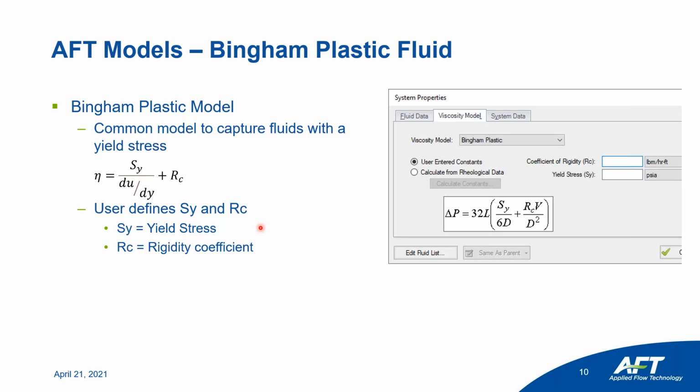Sometimes yield stress is written as tau y or tau 0, just indicating it's that yield stress. RC could be written as mu infinity, or denoted as the plastic viscosity. But really it's just that viscosity value to define the slope of our viscosity curve.